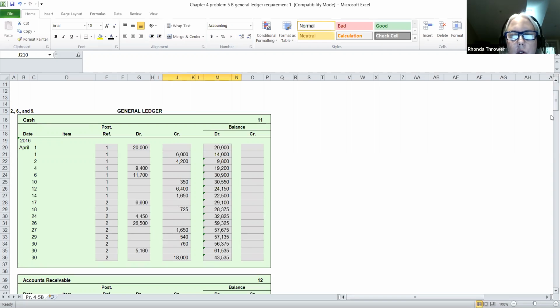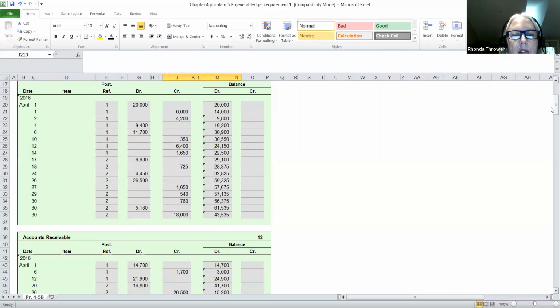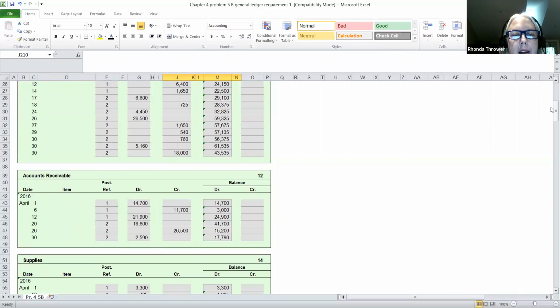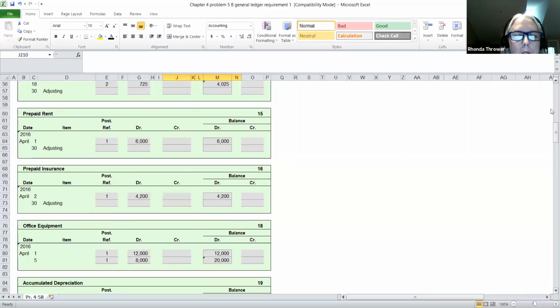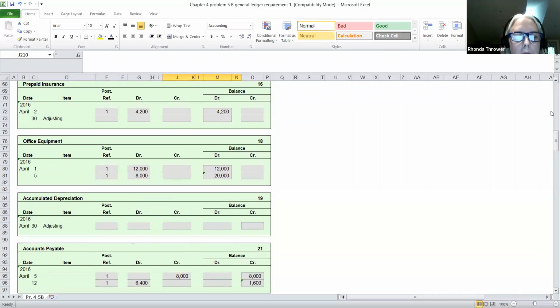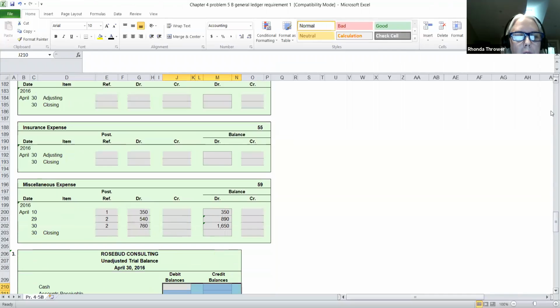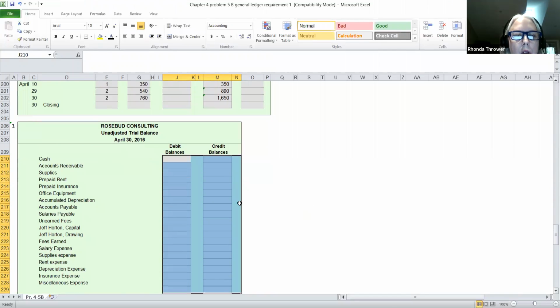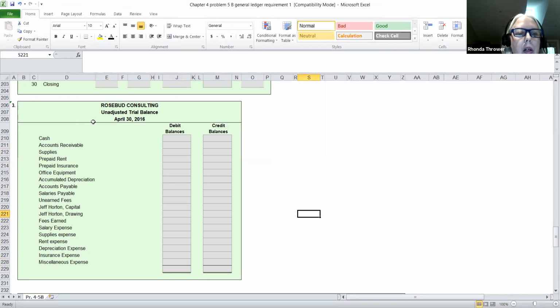You can find your unadjusted trial balance at the bottom or middle part of this screen. I'll just scroll down right quick so you can see where we're at. What you want to do is prepare this unadjusted trial balance. They've got part of it prepared for you, as far as they've shown you the ledger accounts here.